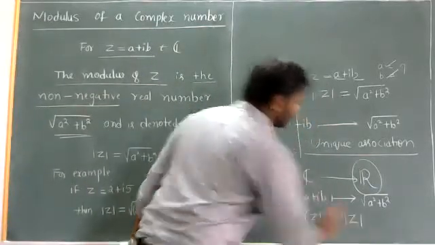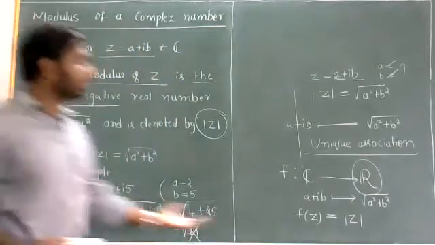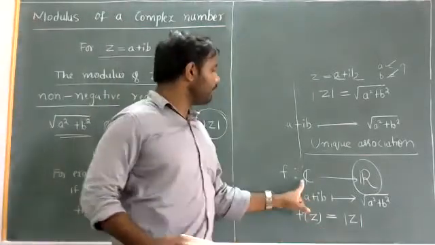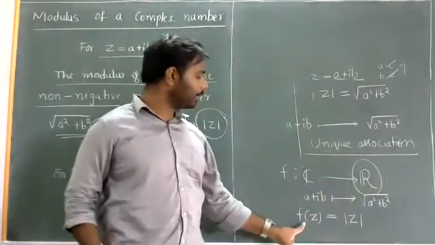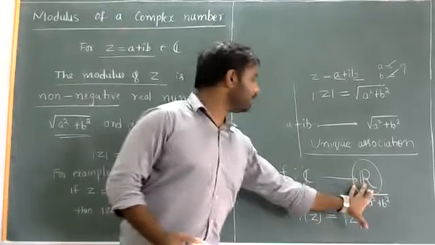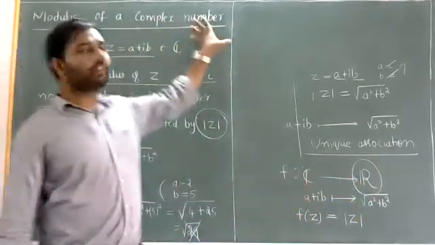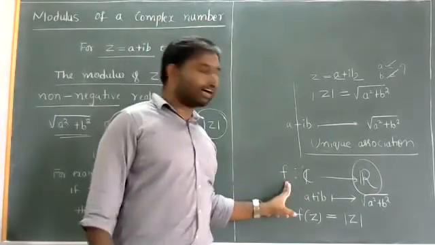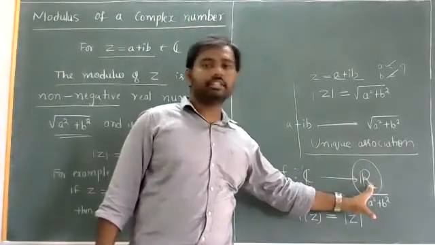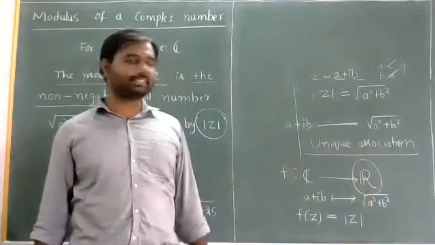So I can represent this definition in terms of the function f from C to R defined by f of z equals modulus of z. Modulus of complex numbers is a real value function defined on the set of all complex numbers.